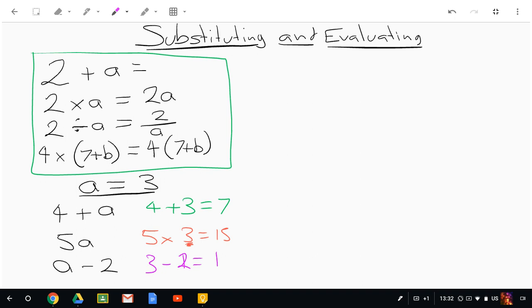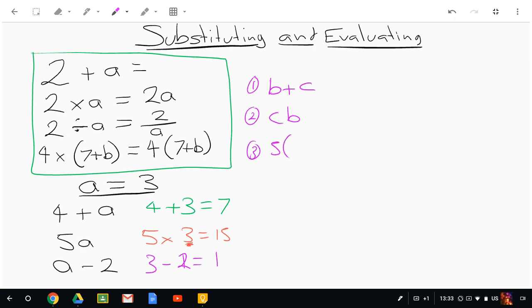Just a couple, lets me do some other equations. I'll write some equations and then I'll do them for different values of the pronumeral. So if I have b plus c, if I have cb, and if I have 5 outside of brackets b plus 2, we'll call those 1, 2, and 3.